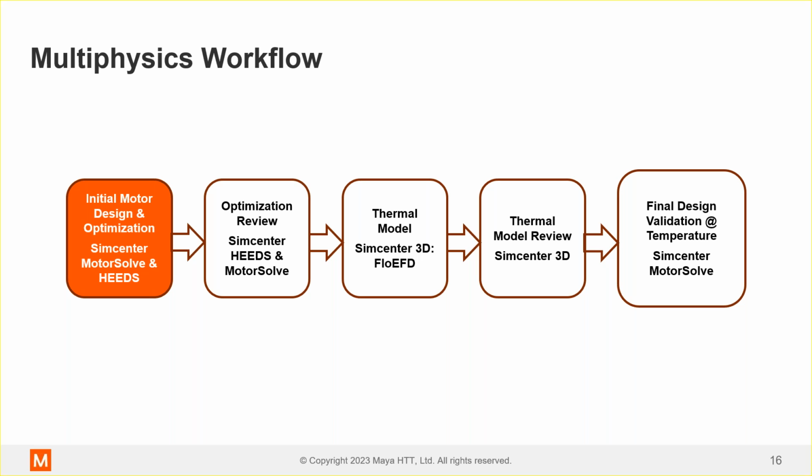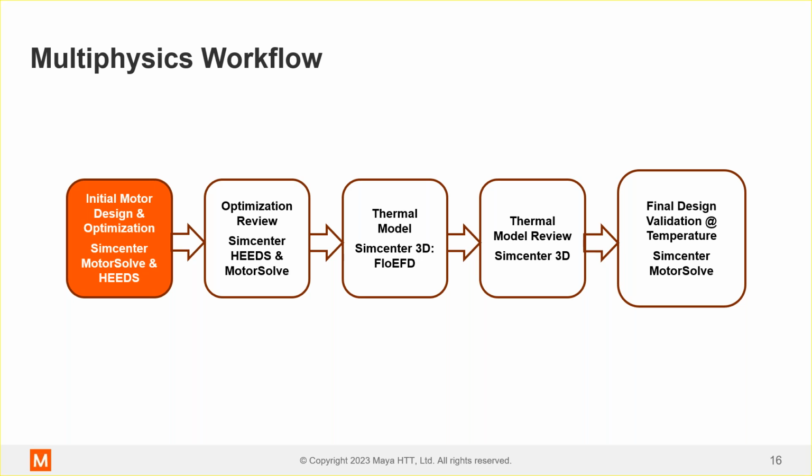Once it's solved a number of potential variants on our base design, we can take a look at all the different designs and some correlations that HEEDS will have pulled out, how certain variables that we've adjusted might have impacted our performance. From there, we can take a model design, we can pass it off into thermal, in which case we're going to be using Simcenter 3D FLOEFD.